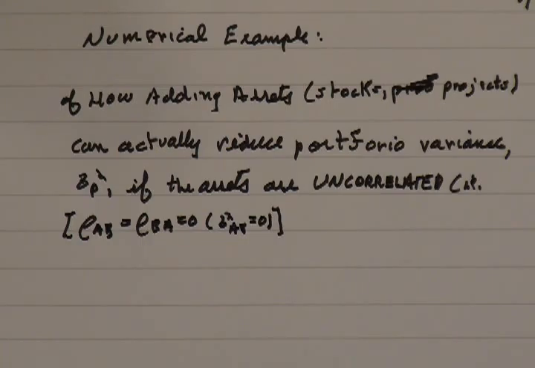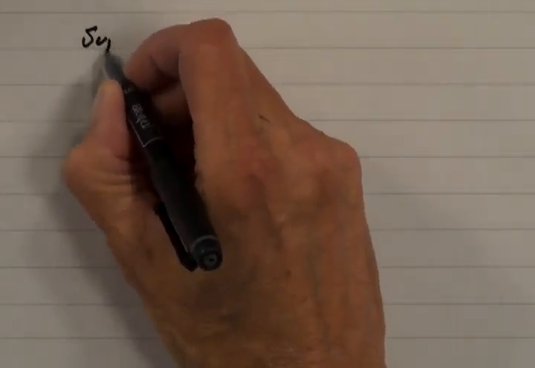Now, let's look at a specific example. Let's look at some numbers. So we want to see how adding assets can reduce the portfolio variance if the assets are uncorrelated. Suppose we have the following data.